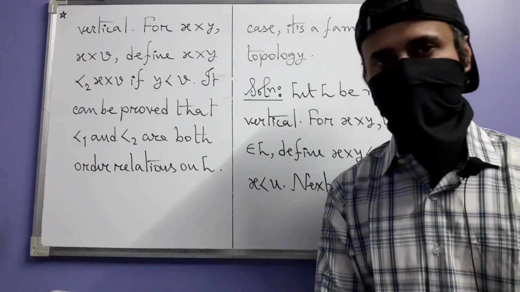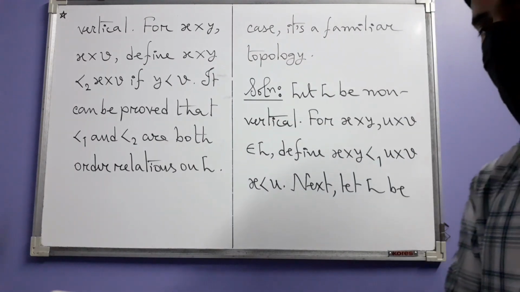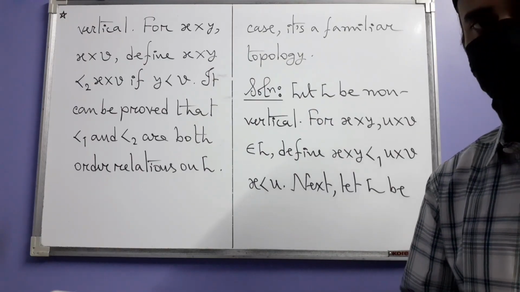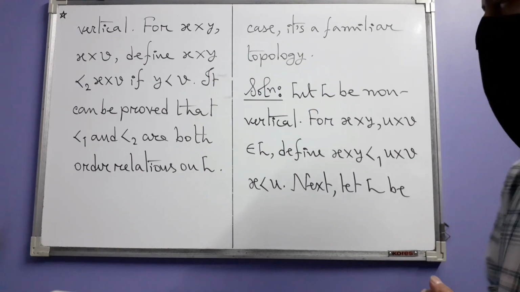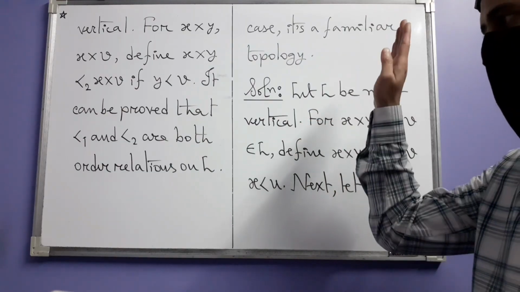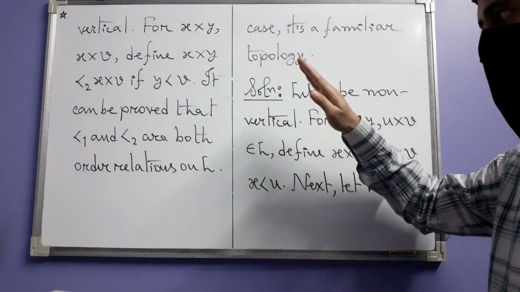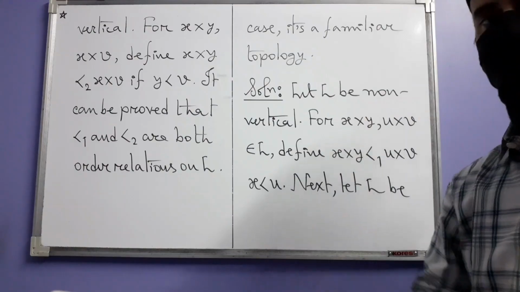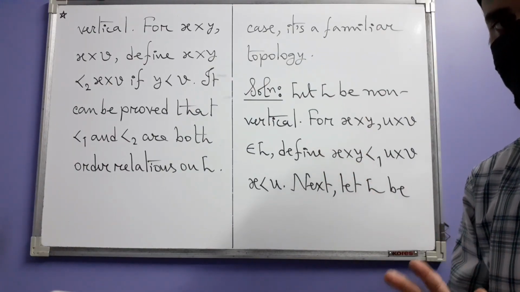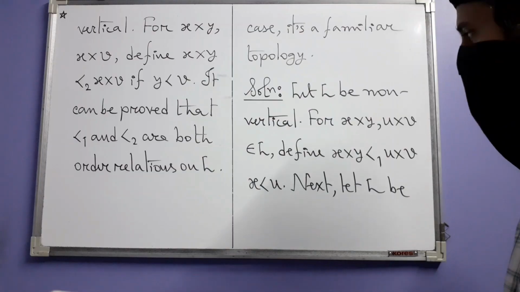So in the solution, we first define two binary relations on the points of L depending on two cases. The first case is where L is non-vertical, that means it has some slope, whether positive or negative, but it's not vertical.